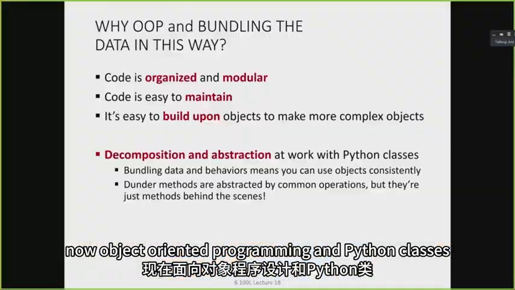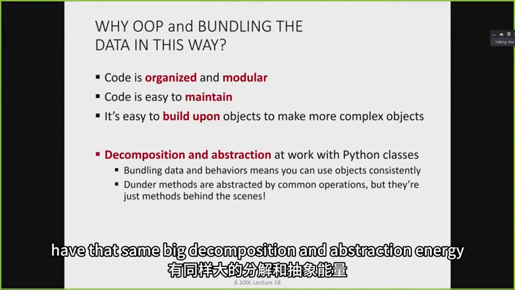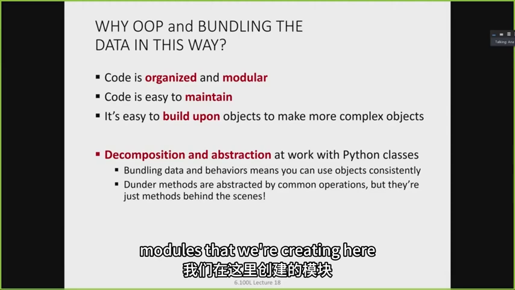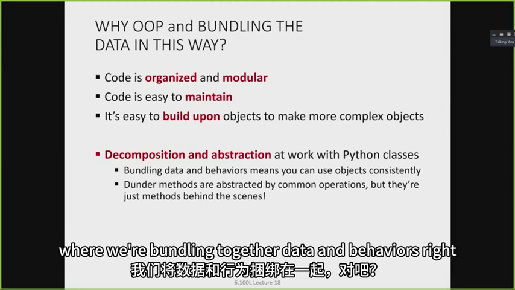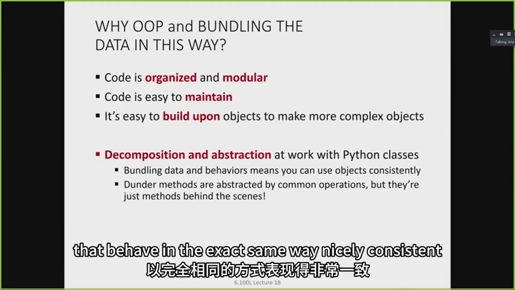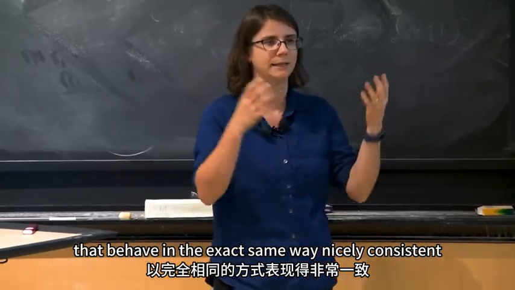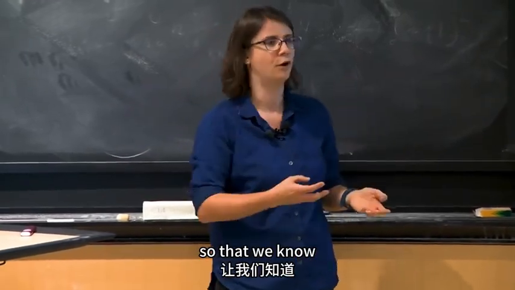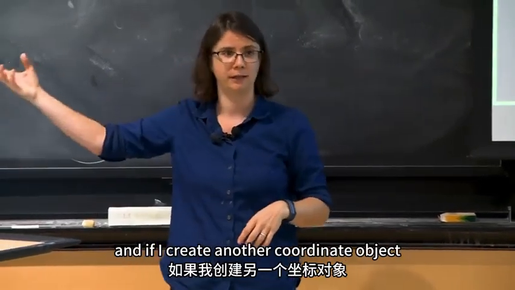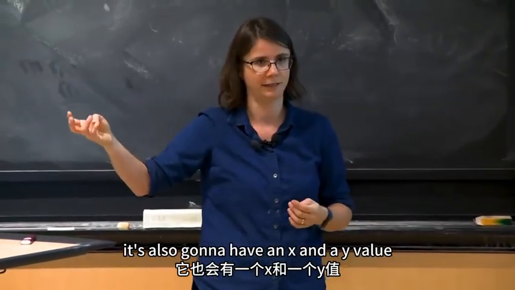Now, object-oriented programming and Python classes have that same big decomposition and abstraction energy. They've got a bunch of modules that we're creating where we're bundling together data and behaviors, so we can create a whole bunch of objects that behave in the exact same way, nicely consistent. We know that if I create a coordinate object here, it's going to have an x and a y value, and if I create another coordinate object, it's also going to have an x and a y value.